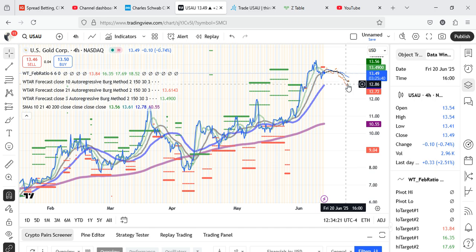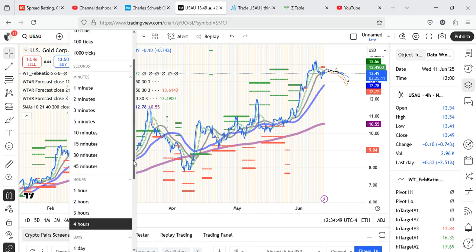But ultimately, it's a distributive contraction that is expected. There's no guarantee that that will happen. Let's pick up the projections. We have 13.84, 16.35, 17.69, 18.52. Another validation of our projections on the 4-hour chart.